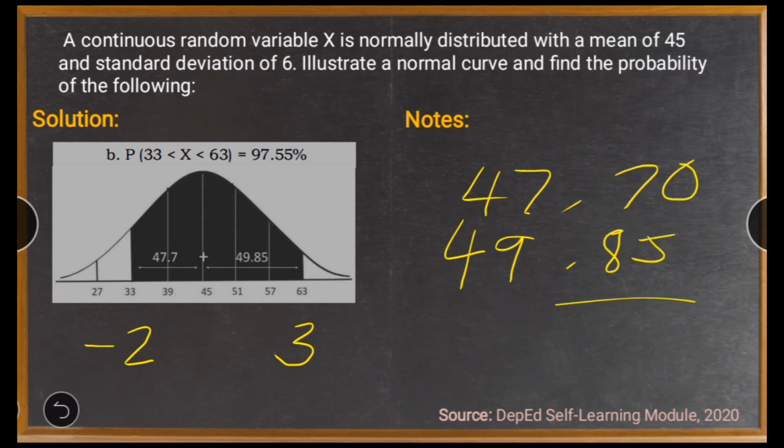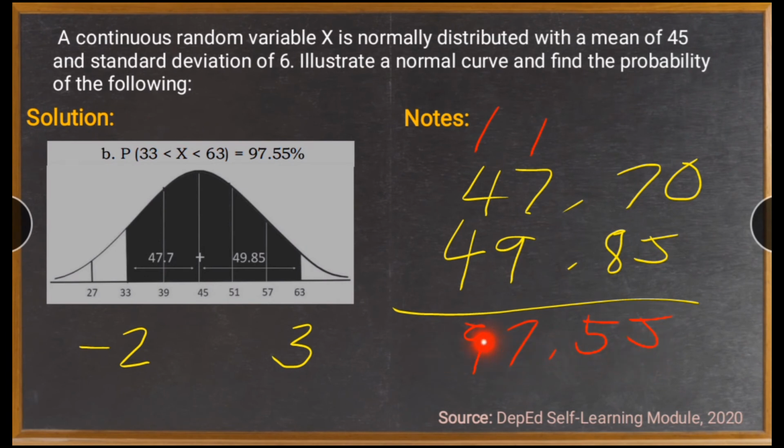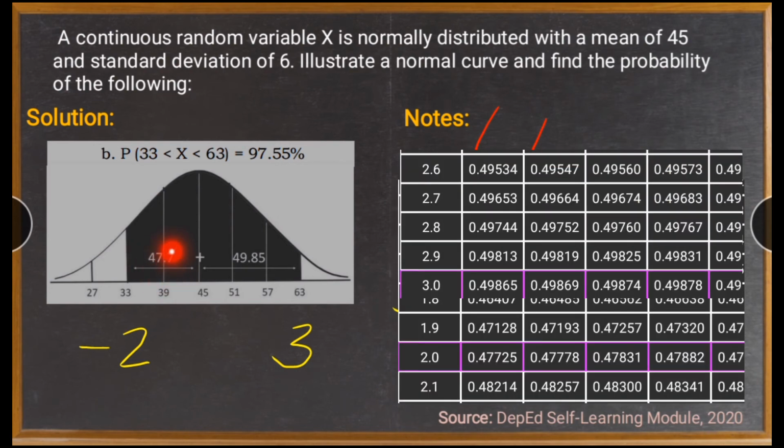The answer is the same as the answer provided. And even if we consider the exact values, for instance, in here 47.725, and in here 49.865, we still have an answer very close to this.